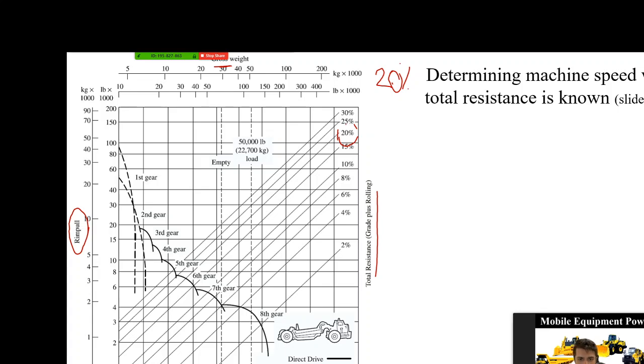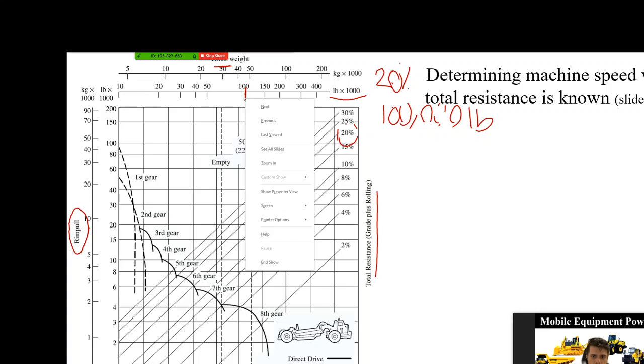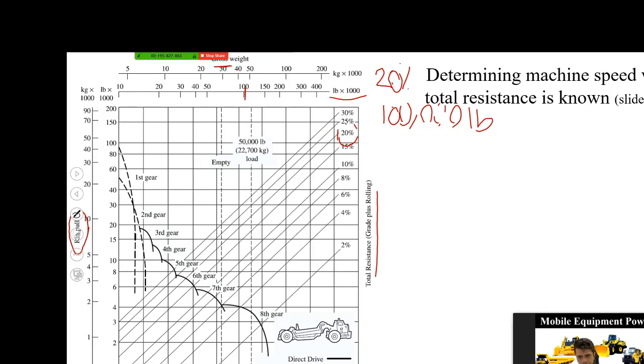And let's say the gross weight of the vehicle is 100,000 pounds. Remember not to confuse the kilogram and pound. Here it is 100,000 pounds. So this is the number we will be using.